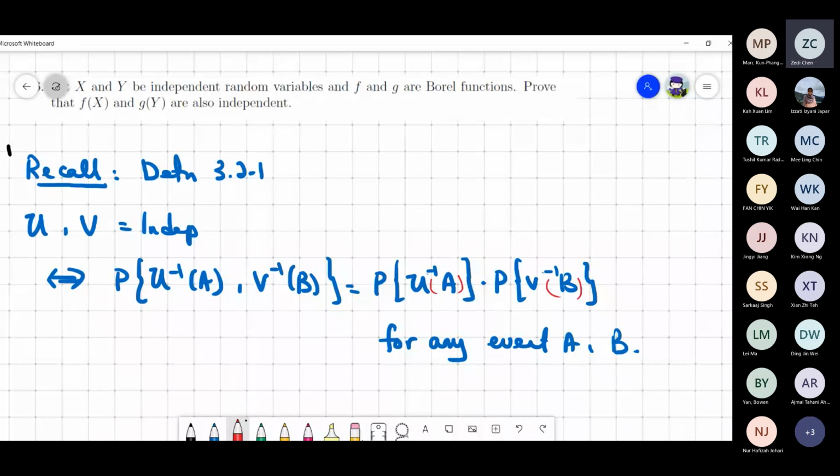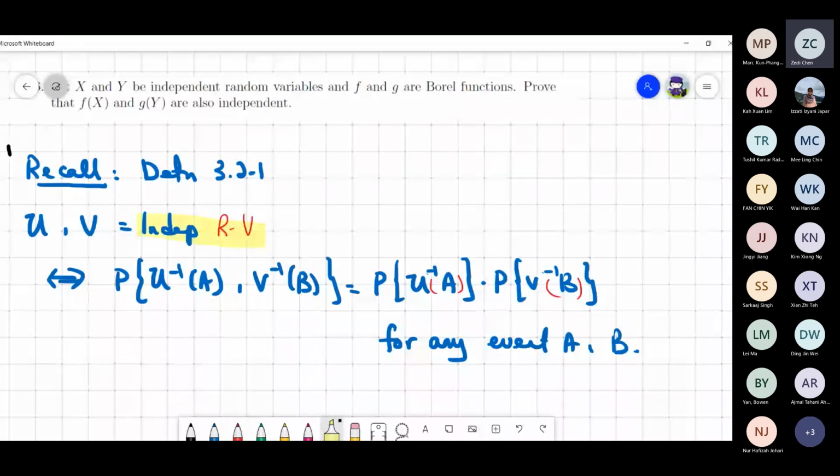Supposing I have two random variables, U and V. We say that these two random variables U, V are independent provided that P of U inverse A and V inverse B is equal to P of U inverse A multiplying P of V inverse B for any events A, B. Okay, so this one is independence corresponding to random variables.